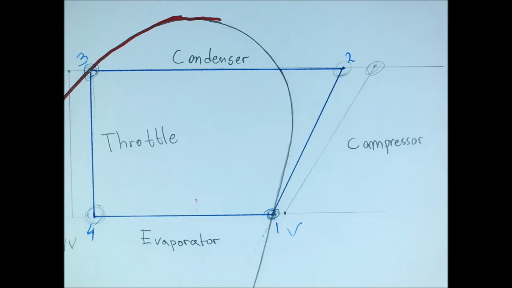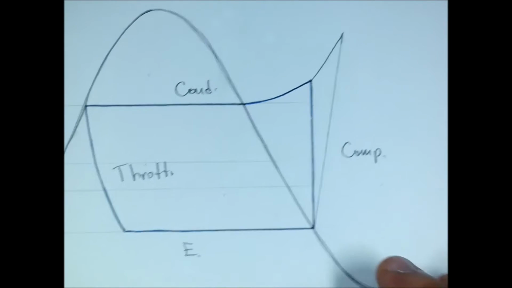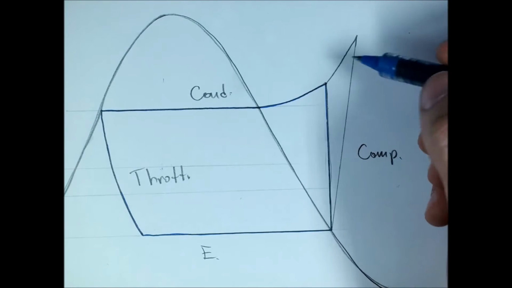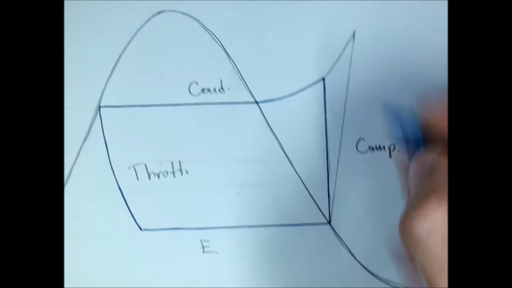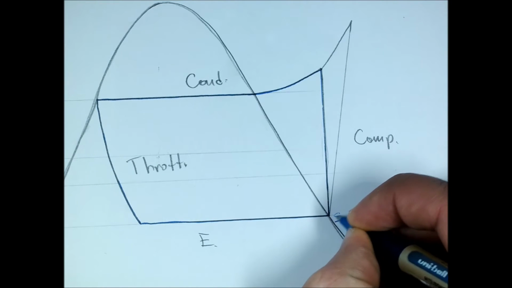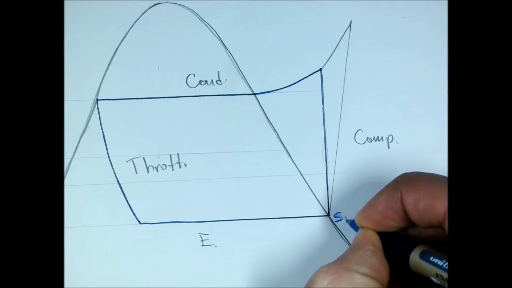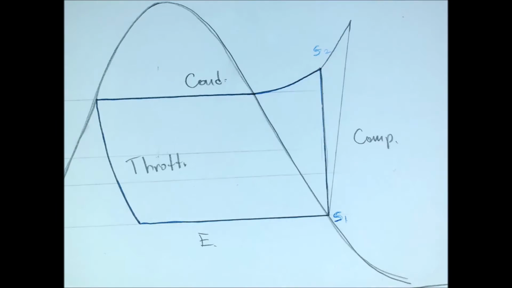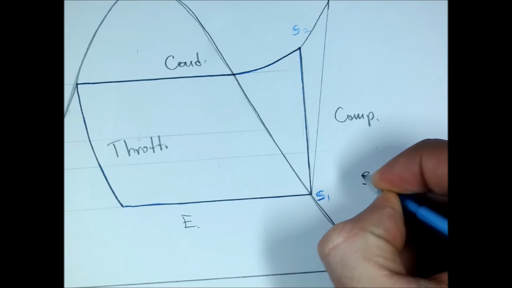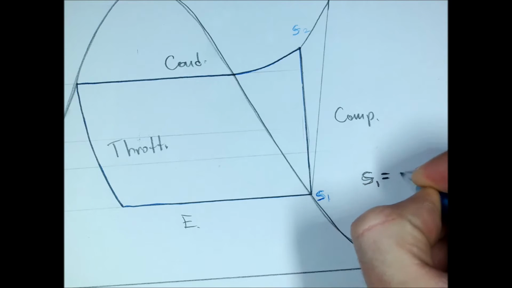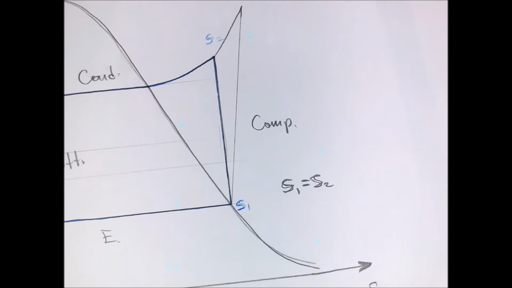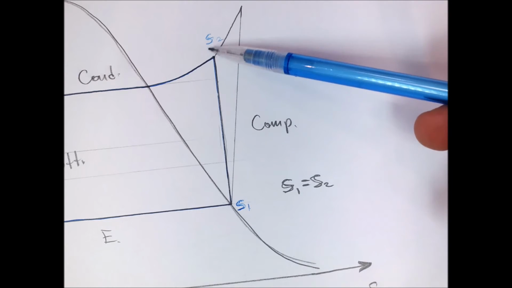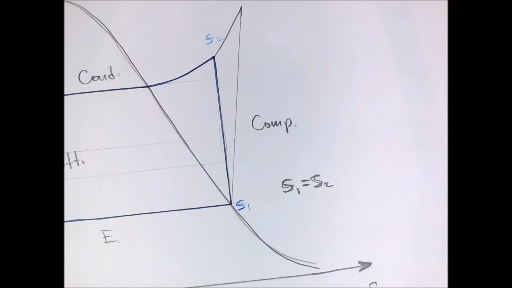So we're going to make use of the other diagram here, and we're going to note that S1 is precisely equal to S2. So S1 equals S2, and we need to remember this.